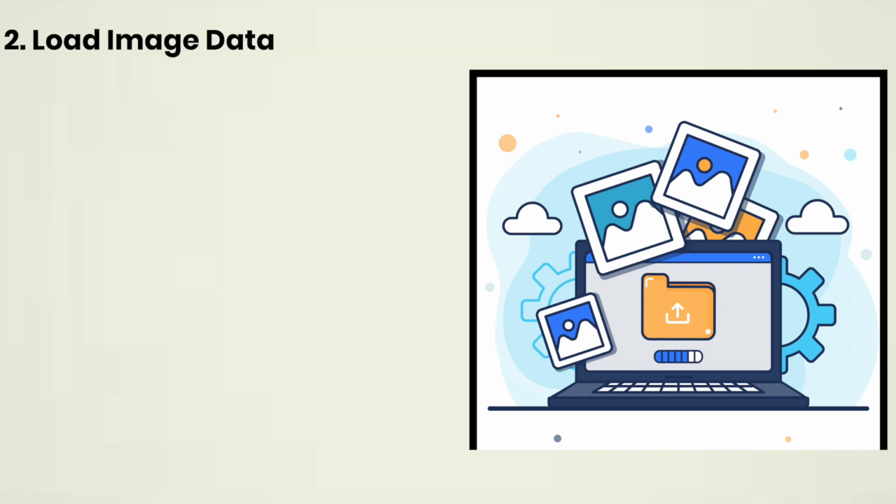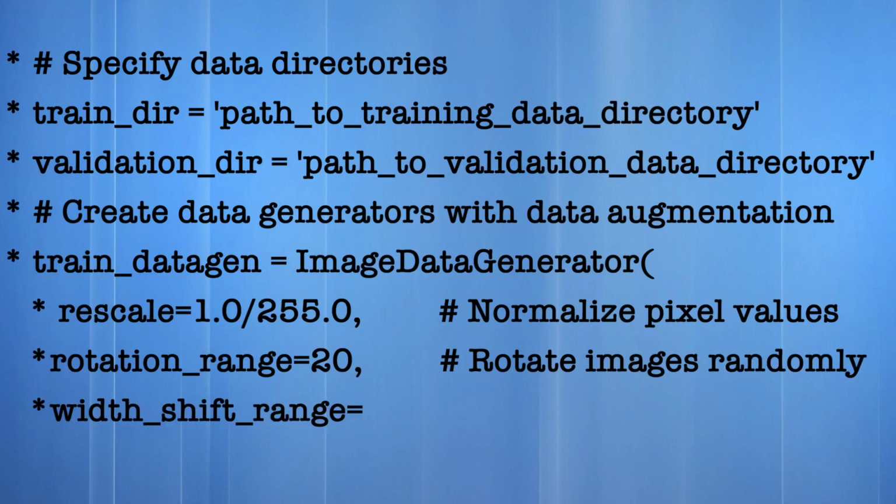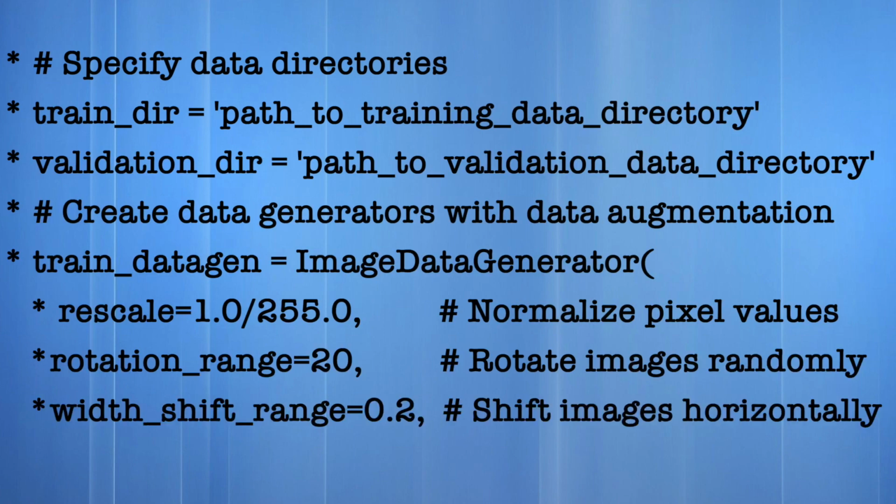Load image data. You can use the ImageDataGenerator class to load images from directories and perform on-the-fly data augmentation. This is particularly useful for increasing the diversity of your training data and improving model generalization. Specify data directories, like the train directory and the validation directory.